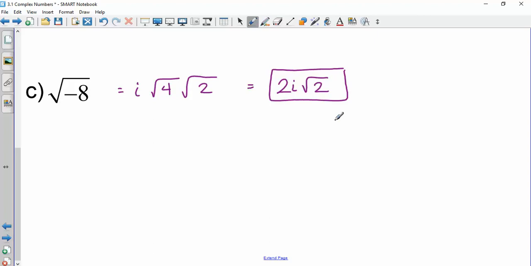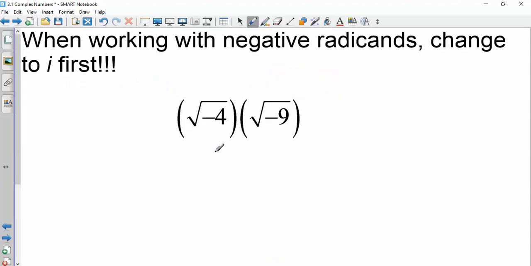When we are working with radicals, if you are going to multiply, you have to make sure that you pull out the i first. So, for instance, if I gave you this problem, if you didn't pull out the i's, if you just multiplied, you would get the square root of 36, which is 6.